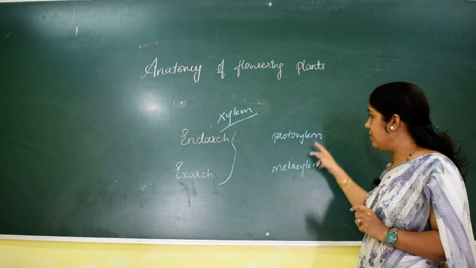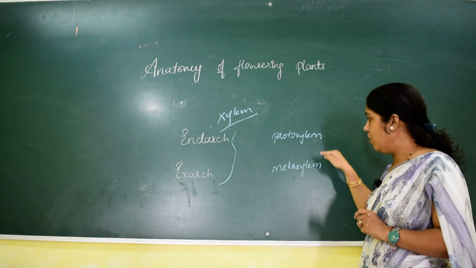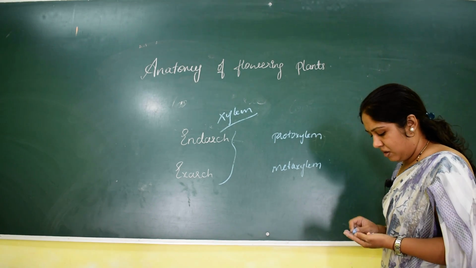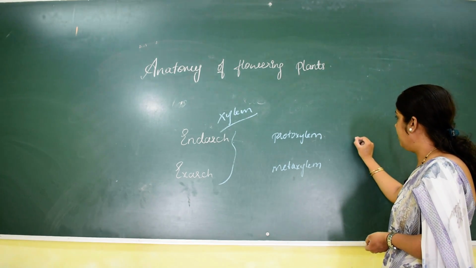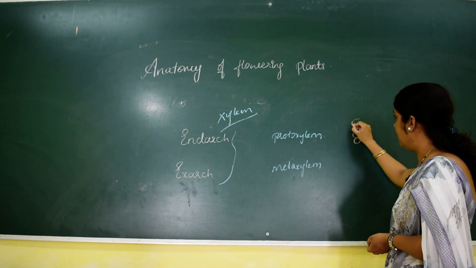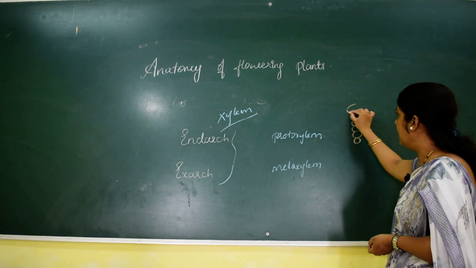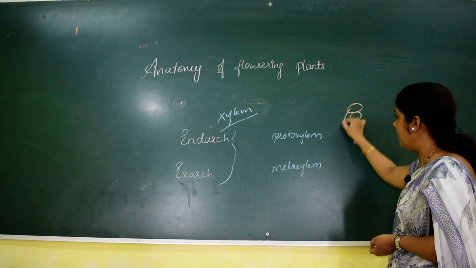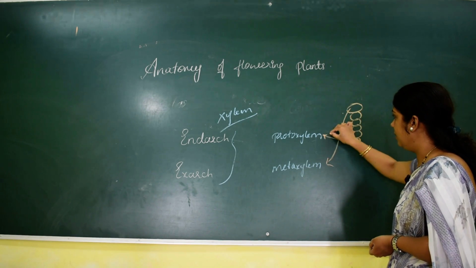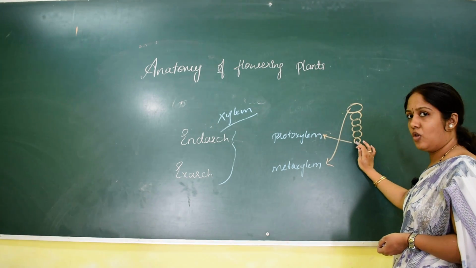The xylem is divided into two types. One is protoxylem, which is formed first, whereas metaxylem is the xylem which is formed later. The protoxylem are the smaller vessels. The later formed xylem is called metaxylem. So this is metaxylem, whereas this one is protoxylem.